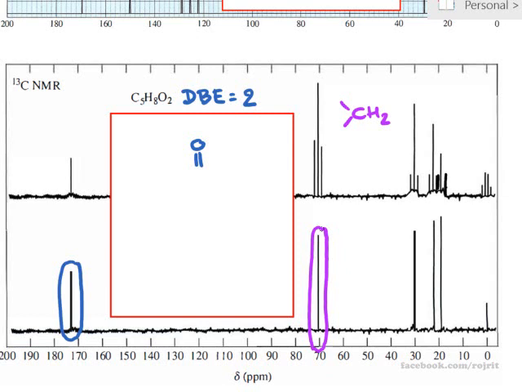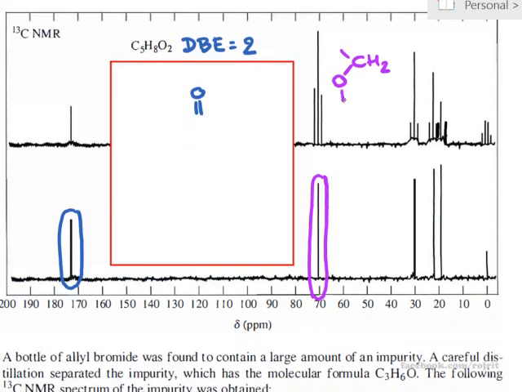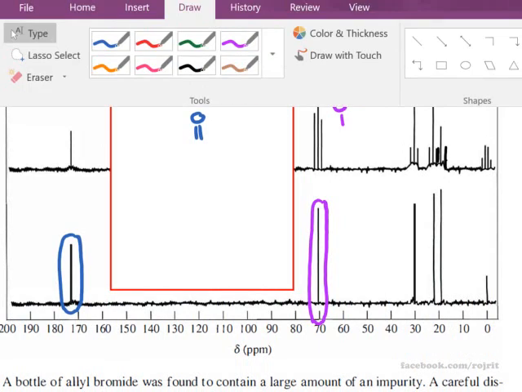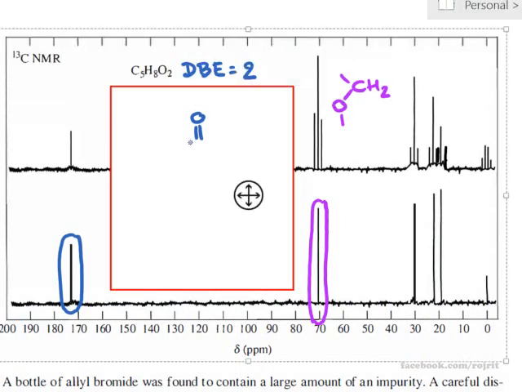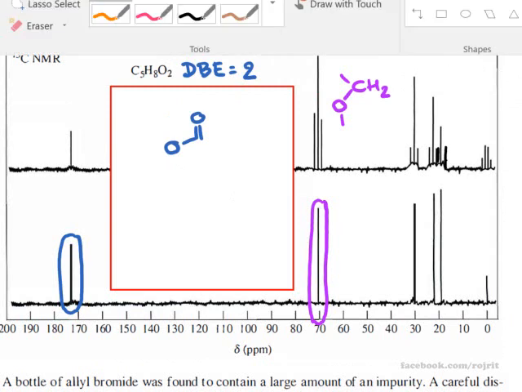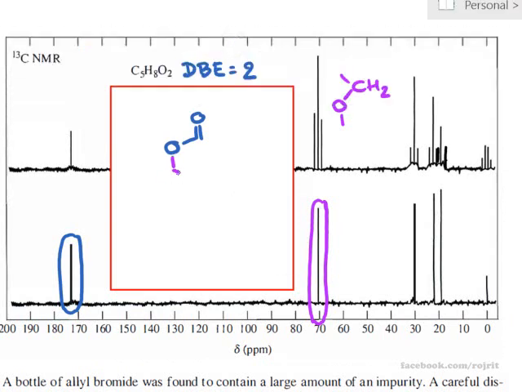So that means this CH2 may connect with an oxygen atom. So I may guess that this shall be like an ester, connecting with the CH2 in purple color over here.